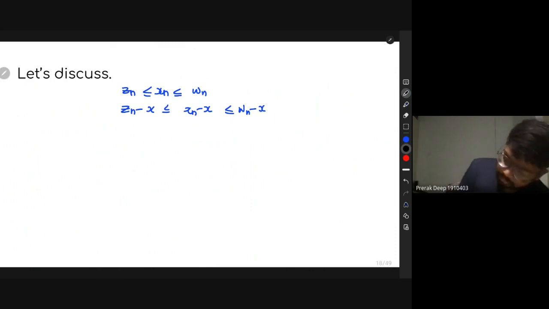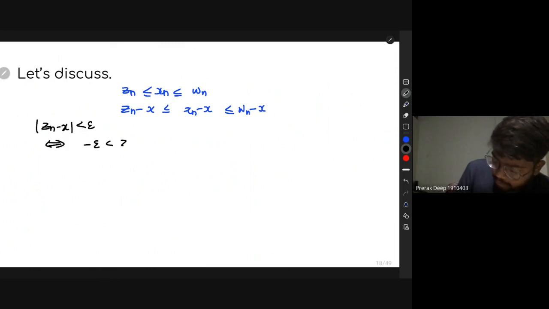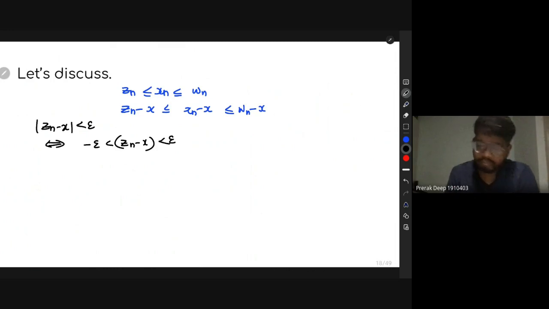Further, we know that the modulus of zn minus x is smaller than epsilon. What does this mean? This is the same as saying that zn minus x is bounded below by minus epsilon and bounded above by epsilon.